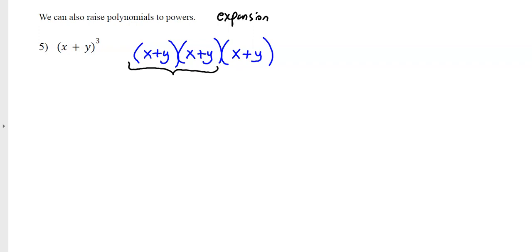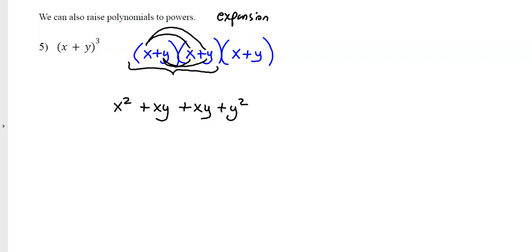So just doing my distribution, x times x is x squared. x times y is xy. Then I come to this second part, y times x is another xy. I could have written yx, but I like to keep them in alphabetical order. It makes it easier for grouping them up. And then y times y would be y squared.